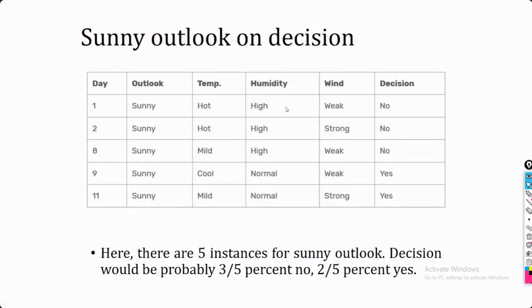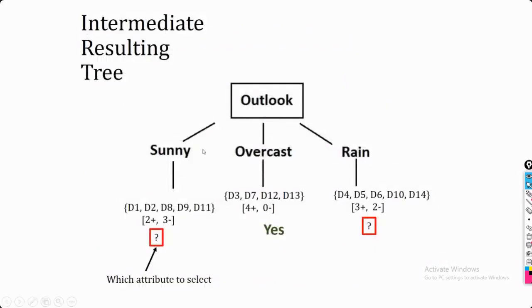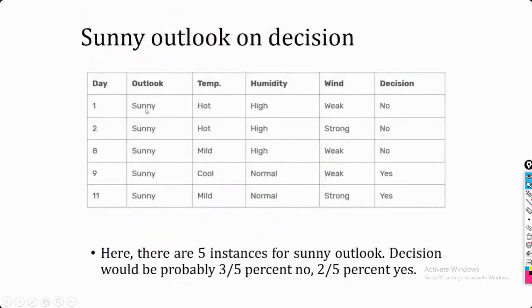Next, we are going to perform further division on one side, either this side or this side; you can start from anywhere. Suppose I'm starting with this side. When the outlook is sunny, whatever attribute we consider next, we consider it in that combination.